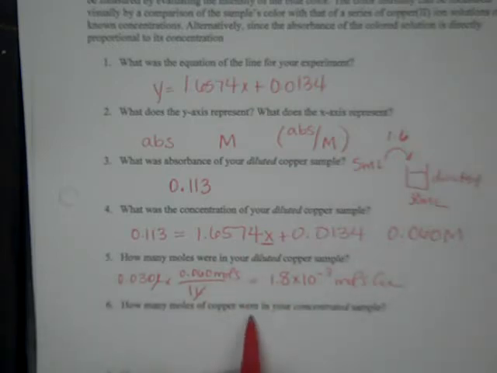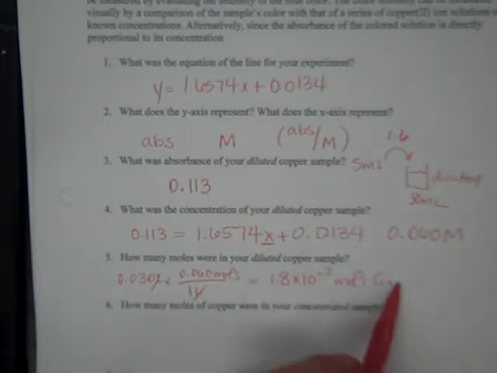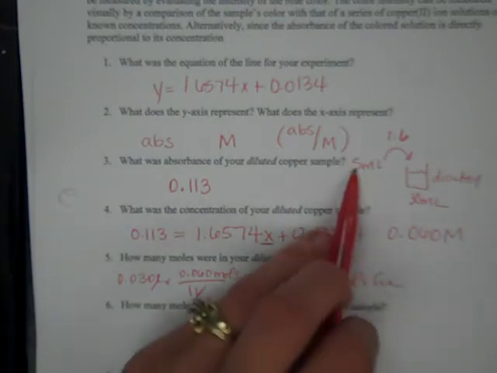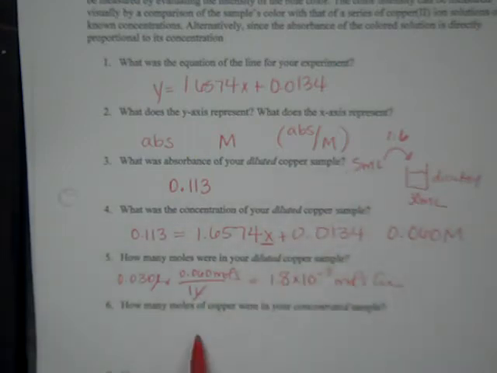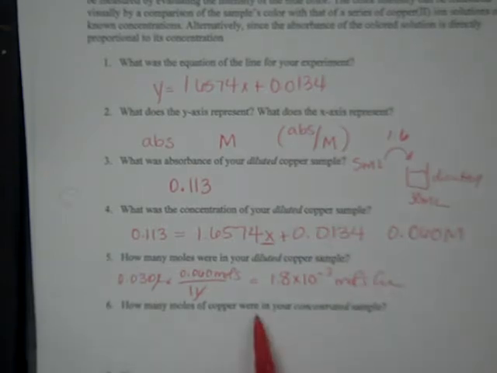To figure out how many moles are in my concentrated sample, I could use these moles that came from my 5 milliliters, or I can do M1V1 equals M2V2. These should be the same.